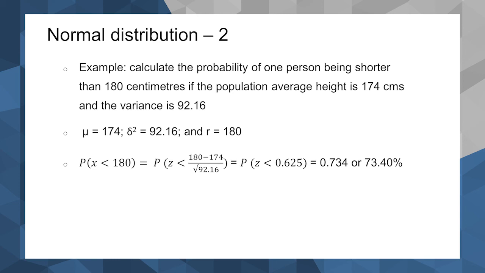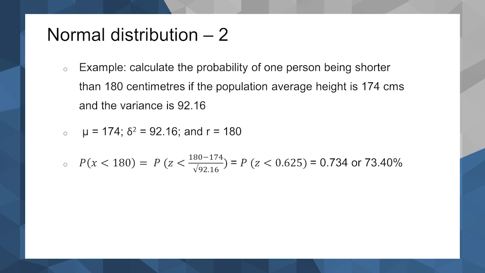In this case, because this standard deviation is bigger than the difference, it's only 0.625 standard deviations away from the mean. That number of 0.625, we can then go to the table and look at the table.